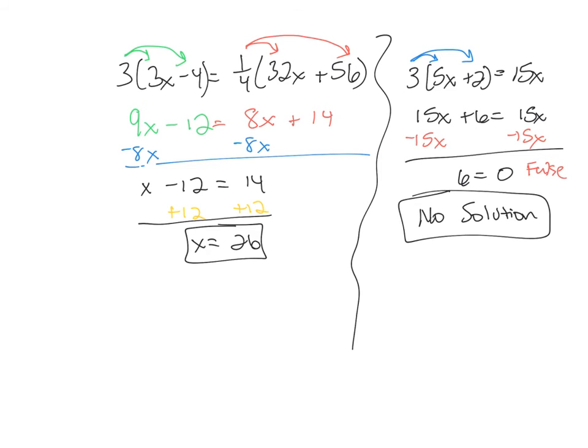That means no matter what number you pick, when you plug it back in, it will not work. You will get different numbers on the right and the left side of the equal sign. 20 equals 83, whatever. So on some of the problems today, that will happen.